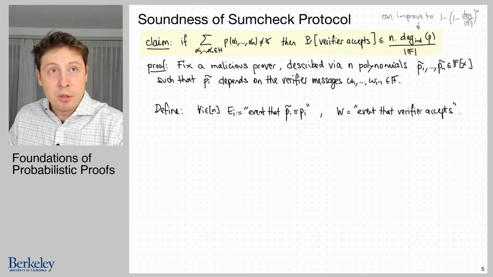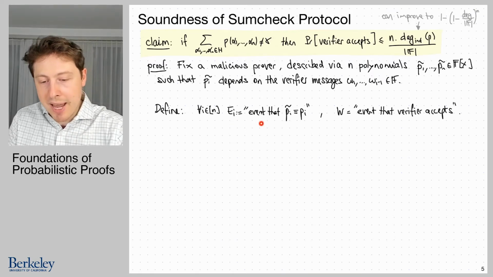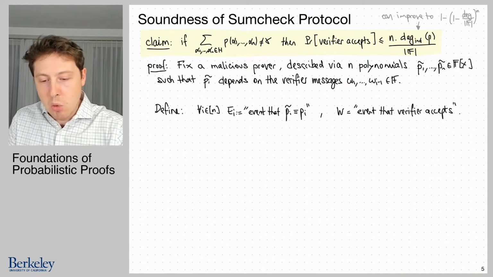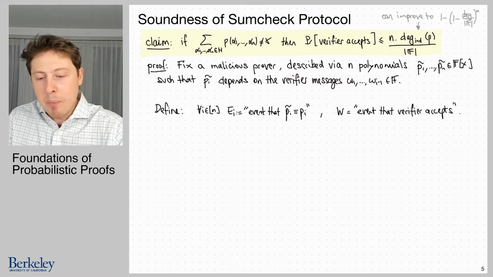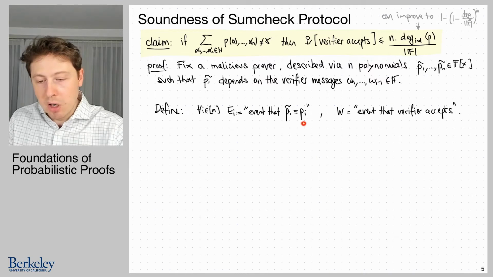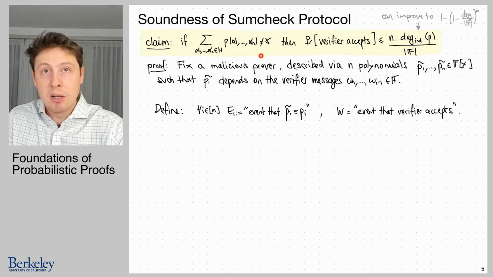Now, we're going to define two events, okay? Or rather, n plus 1 events. First, I have n events that basically ask whether the polynomial sent in the ith round happens to equal the polynomial that the honest prover would have sent. Notice that the honest prover strategy is defined even in the soundness case, because even if the sum is wrong, you can still talk about the honest polynomials that you would have sent.